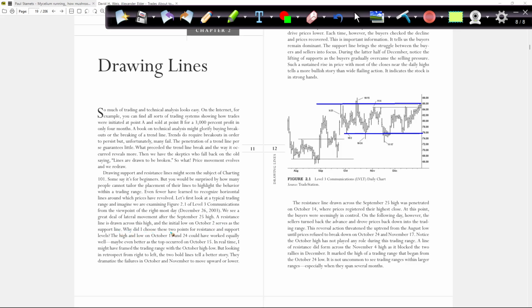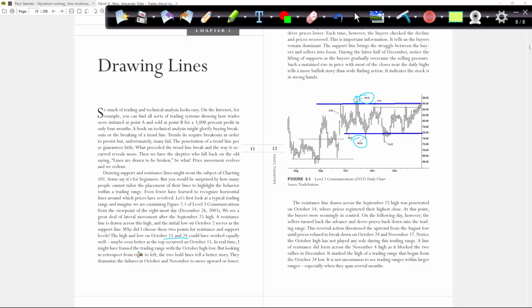Why did I choose these 2 points for resistance and support levels, you might ask? The high and the low on October 15 and 24 could have worked equally well, maybe even better, as the top occurred on the 15th in real time.